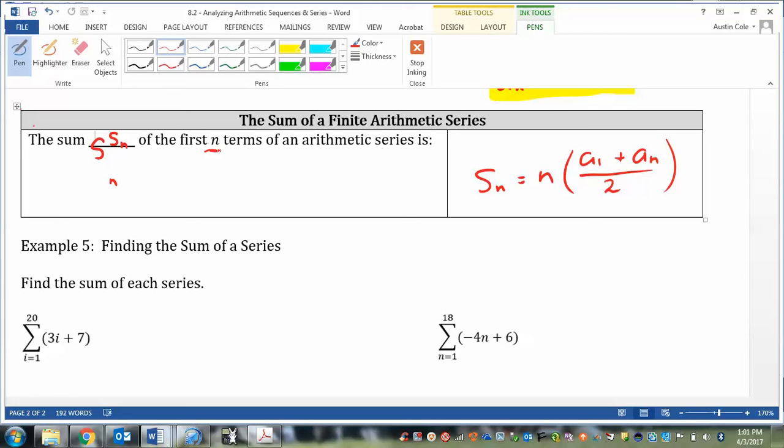A sub 1 is the first term in the series. A sub n is the last term of the series. So in order to find the sum, we need 3 things. We need the number of terms that we're finding, that's n, the first term of the series, and the last term of the series. What is that written as? It's S sub n. Just the sum of n numbers. Does that make sense? The sum of 4 numbers, 12 numbers, whatever it may be.